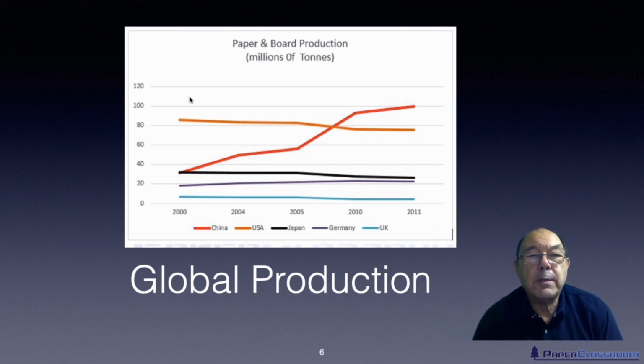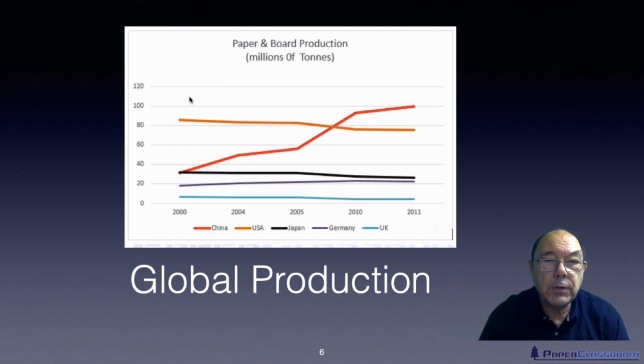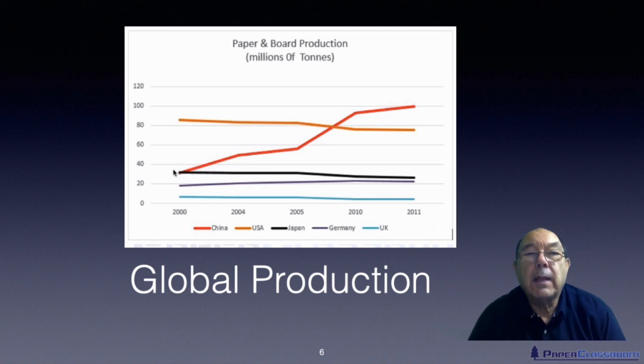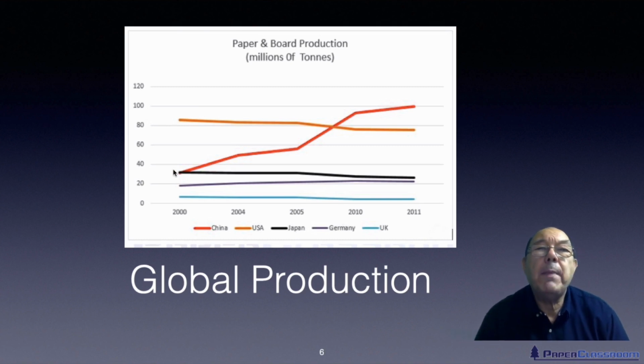And what surprised me the first time I looked at it was this black line here. Japan was the second largest paper and board producer in the world. And that's amazing, really, since they have so very few raw materials. Everything is brought in, everything is imported into Japan, assembled into high quality paper, and then resold.